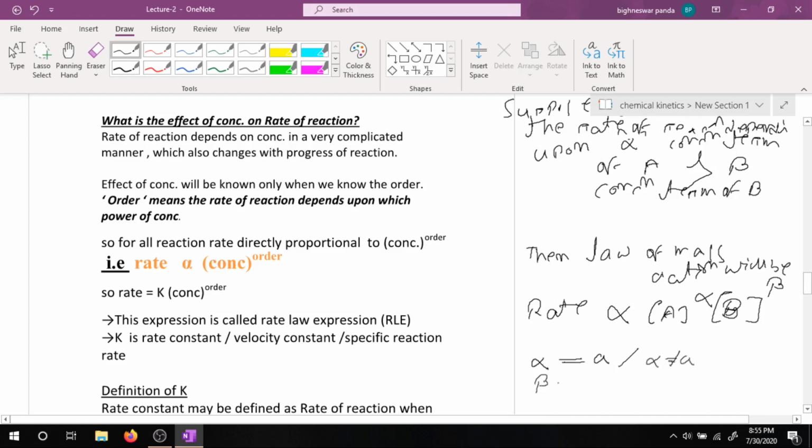Similarly, beta may be equal to b or beta may not be equal to b.